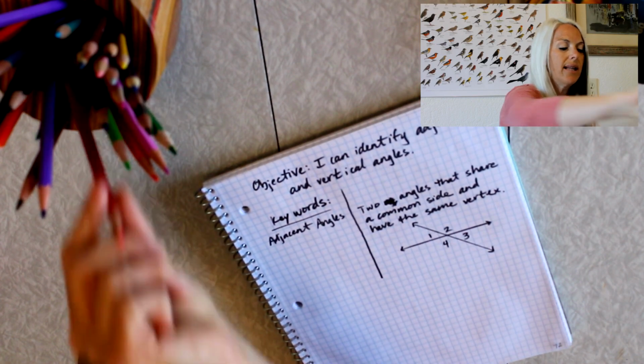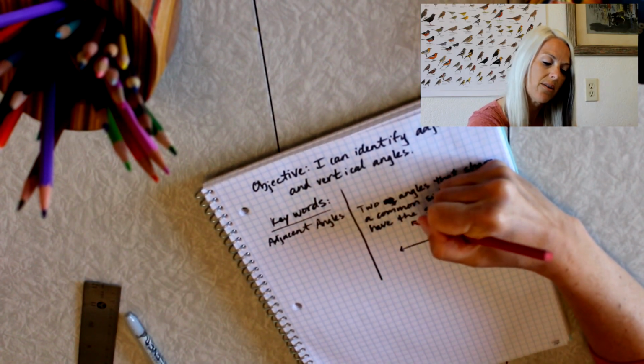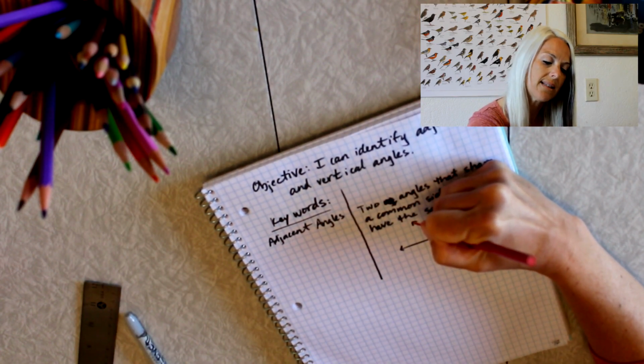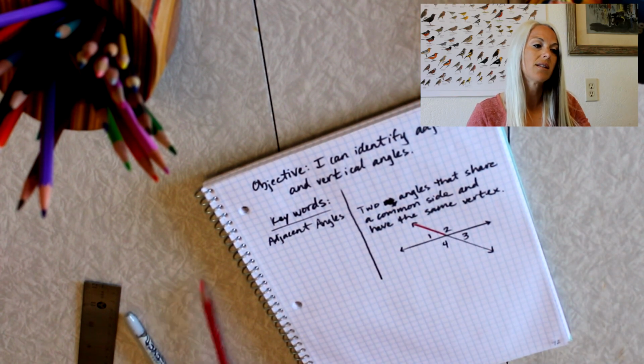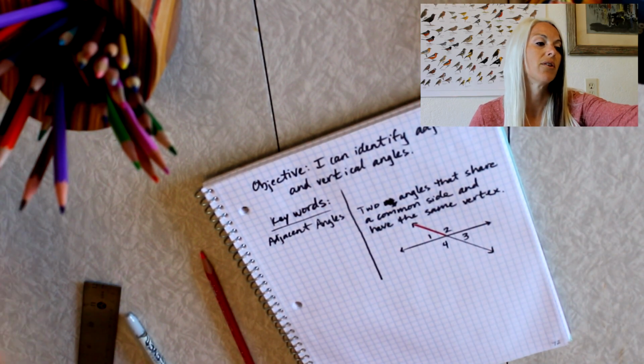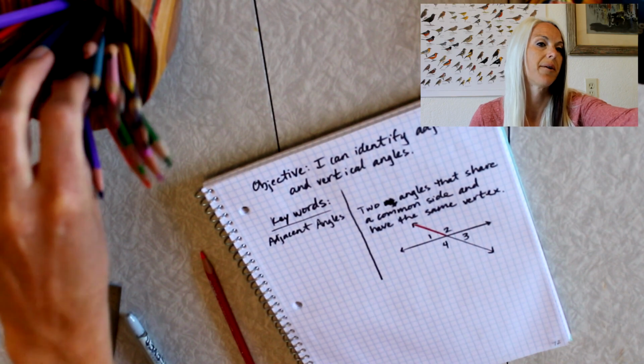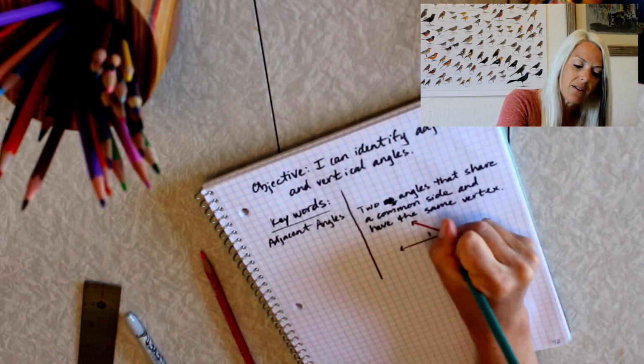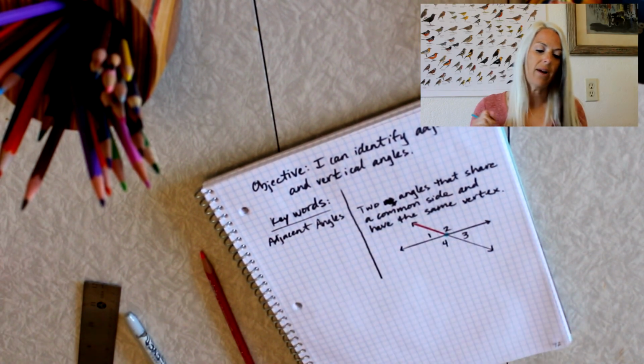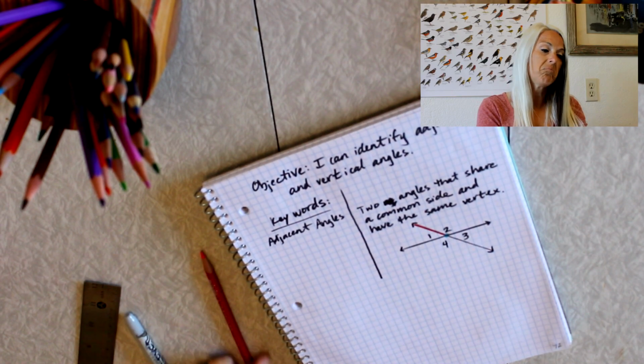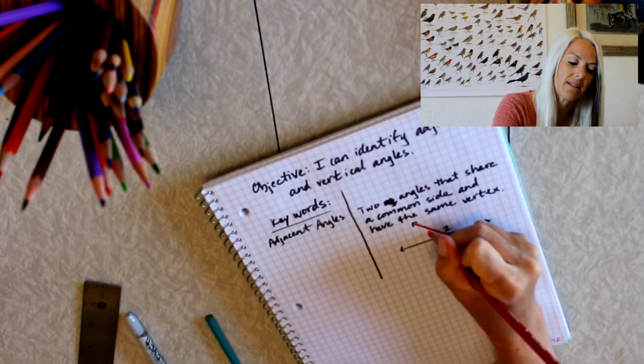So let's go ahead and highlight that side that they share. So they both share that side, and then they also have the same vertex. So let's see here. So their vertex right there.